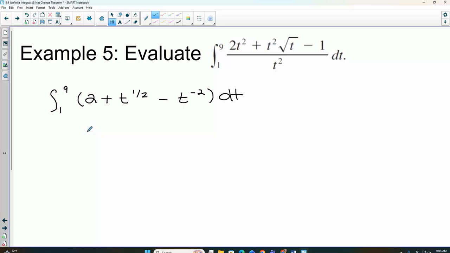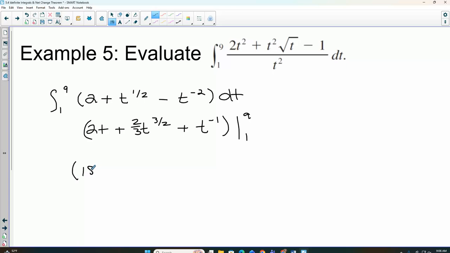All right, so antiderivative, add 1 to the power. So we get 2t plus, this would be t to the 3/2, so it means the 2/3. Okay, this would be t to the negative 1, so it just means a positive in front of it. This is all review, right? We've been doing lots of these.